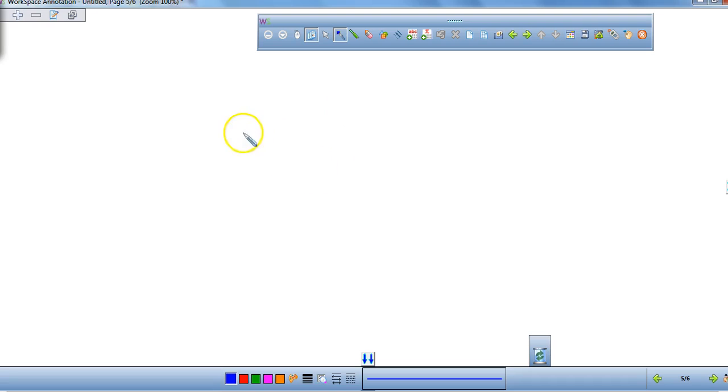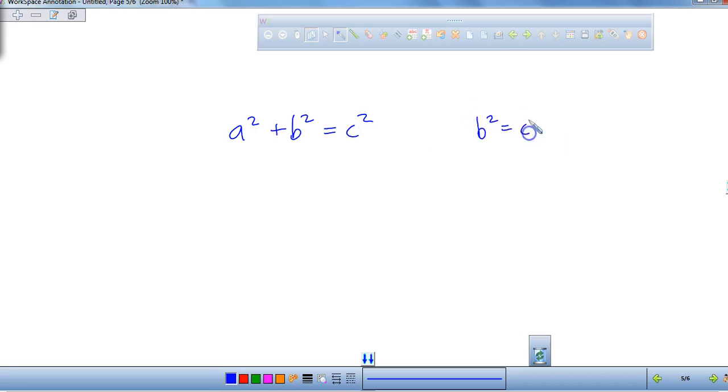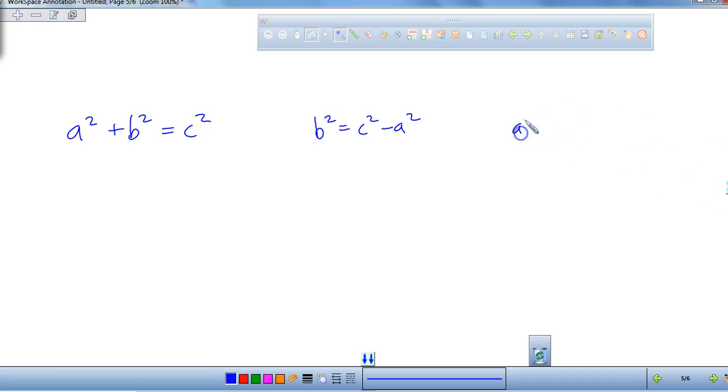Here are the two formulas. You're either using a squared plus b squared equals c squared, or you're using b squared equals c squared minus a squared, or you're using a squared equals c squared minus b squared.